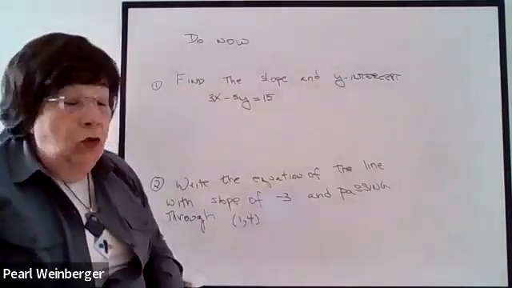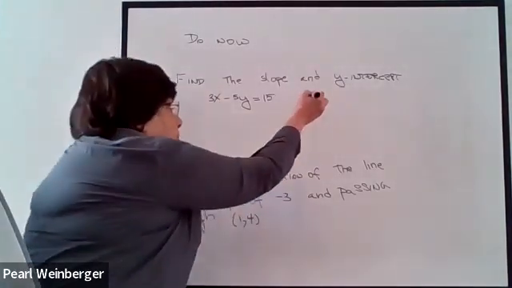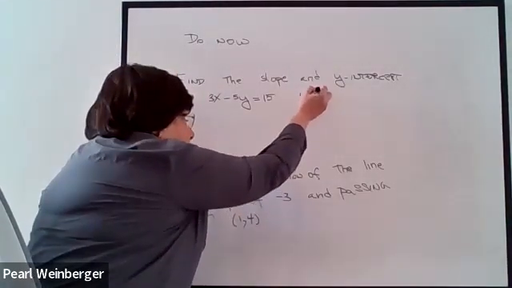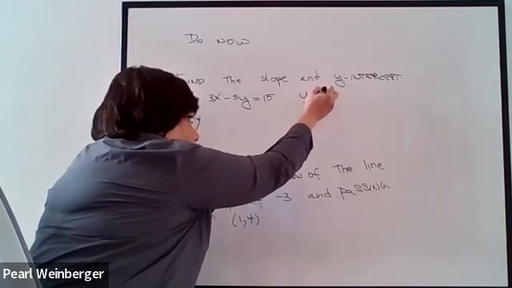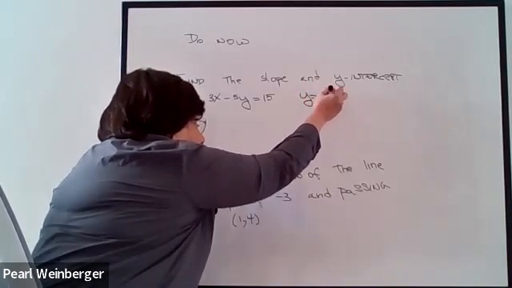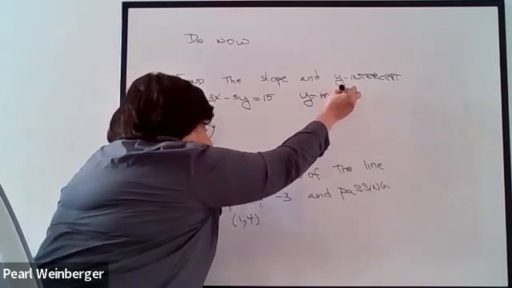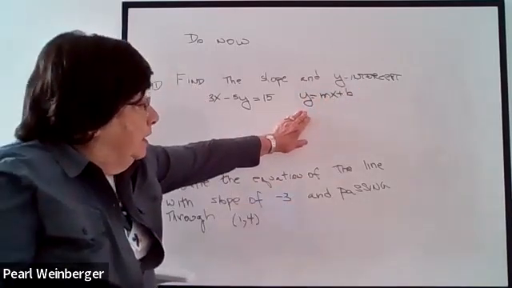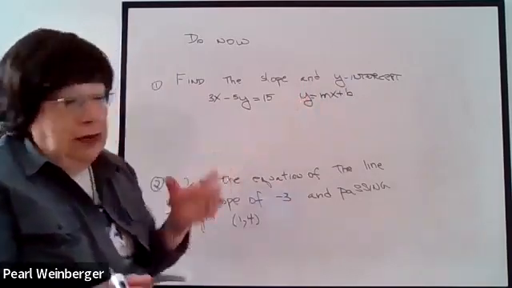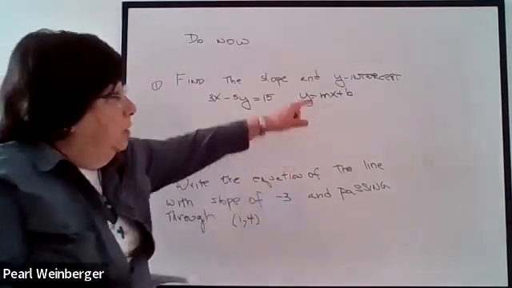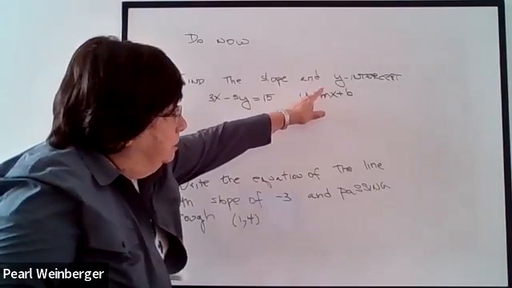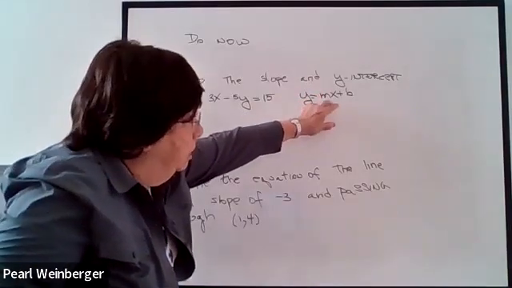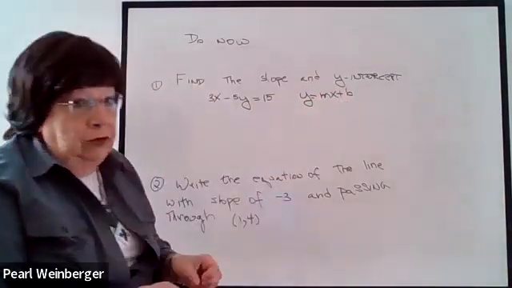And if you recall, when we have an equation of a line in what we call the y equals mx plus b form, where y equals something times x plus b, the coefficient, the number that's in front of the x, is the slope, and the b is the y-intercept.